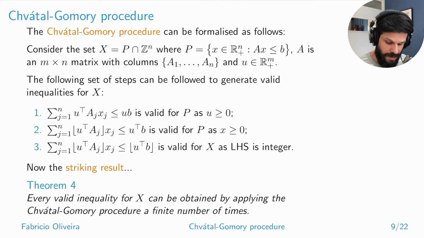The procedure is somewhat simple, so it's really hard to convince yourself that this is true. In an exercise we'll have the chance of looking into this for the binary case, because the proof is long but doable. You can find several references out there that show this in a more general case. But this is basically telling us the following: in principle, every valid inequality is achievable.